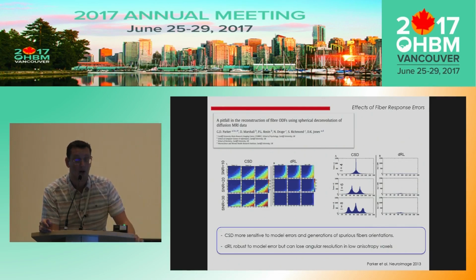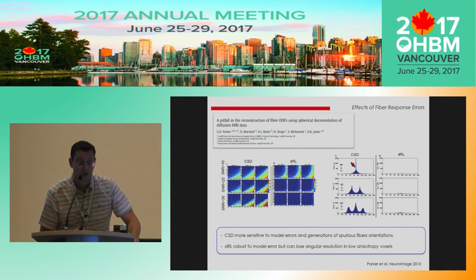For example, if you have an error in your fiber response, say you're assuming a very sharp fiber signal but your signal is quite low with low anisotropy, CSD might start to generate quite a lot of false orientations, systematic directions that are not the direction of the fiber. You can get 90 degrees, 45 degrees, 33 degrees.